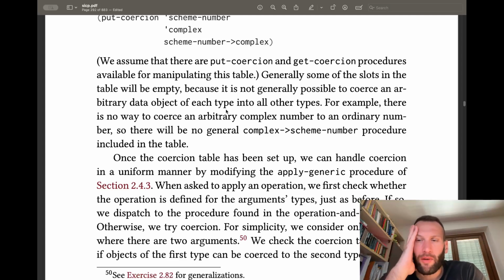Generally, some of the slots in the table will be empty, of course, because it is not generally possible to coerce an arbitrary data object of each type into all other types. For example, there is no way to coerce an arbitrary complex number to an ordinary number. So there will be no general complex to scheme number procedure included in the table.